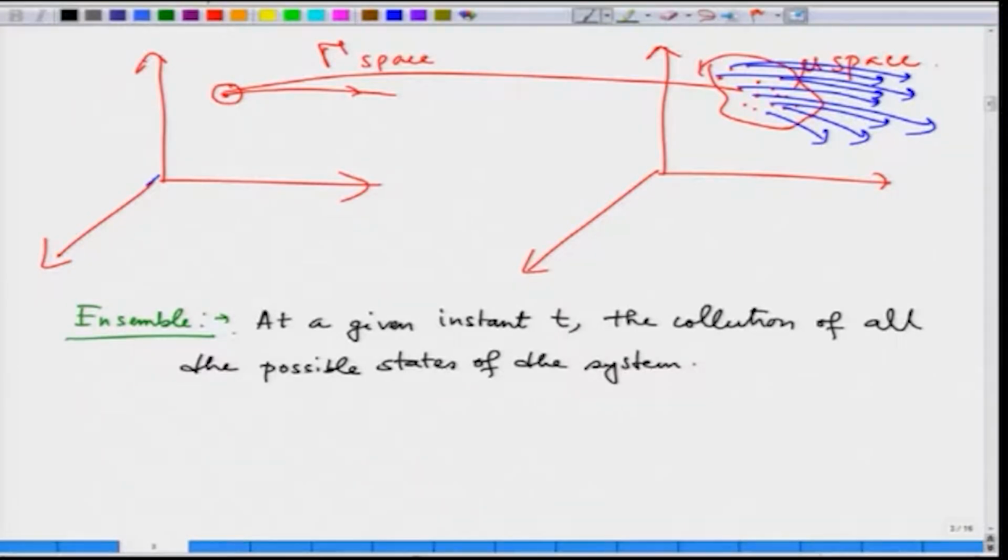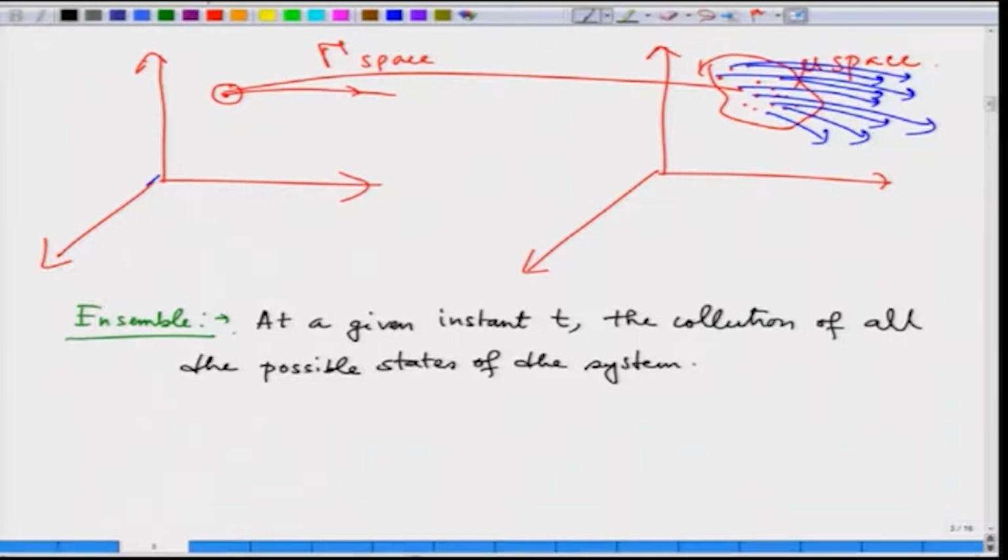What practically we do, if the system is ergodic, then the system is observed for a long time. Then, if you take one snapshot every second, for example, at every second you just capture the information of the state.